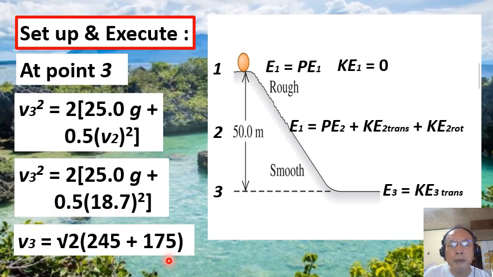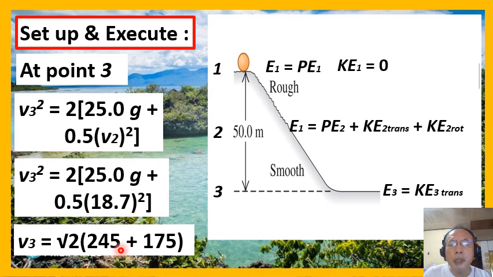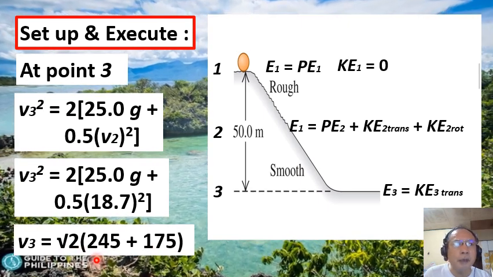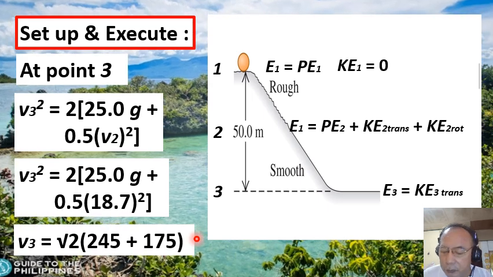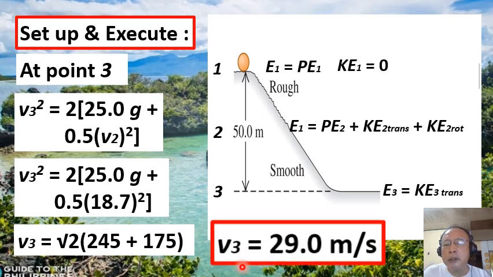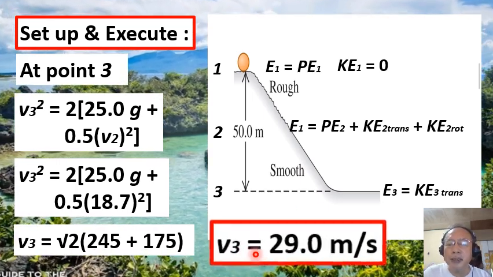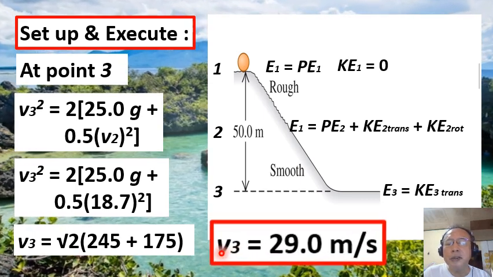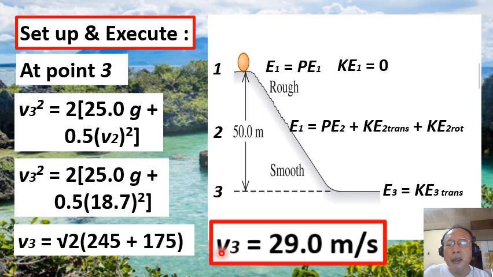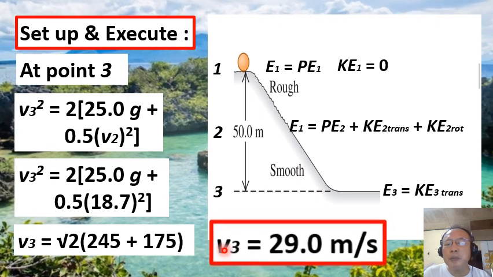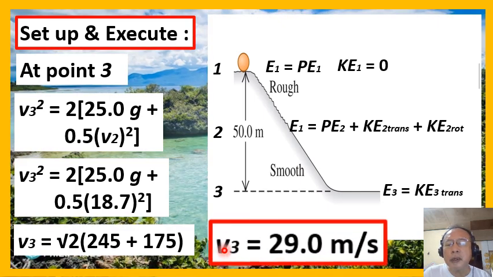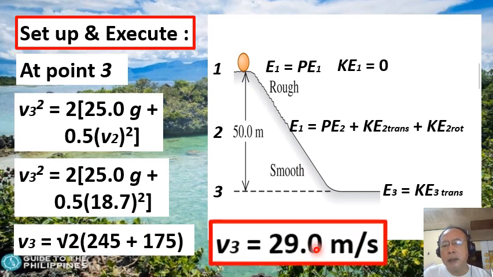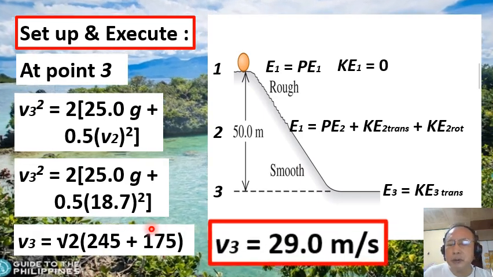So finally, with the help of your scientific calculator, we can get the value of v sub 3, which is 29.0 meters per second in three significant figures. So this is the translational speed of the boulder when it reaches the foot of the hill, which is the final answer to the question.